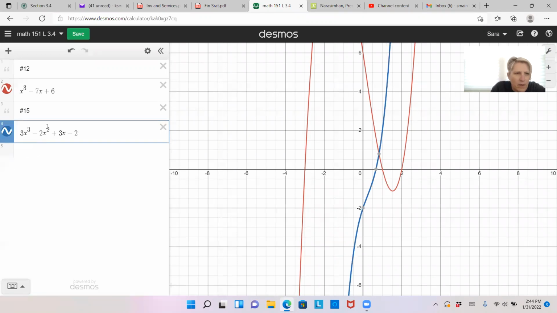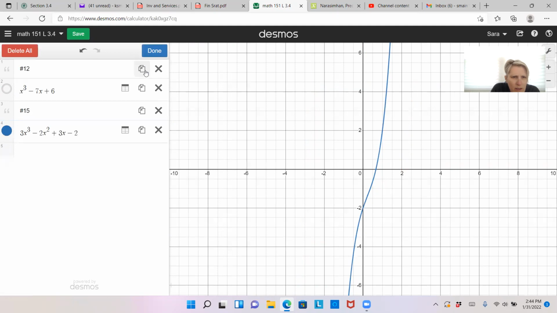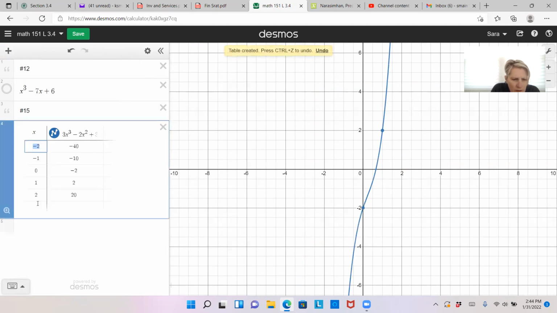Let me turn off my red one because it just has this one real zero here. Okay, so let's just look at our table of zeros. And let's see if 2/3 is a zero. It is. Yep. So we are good.